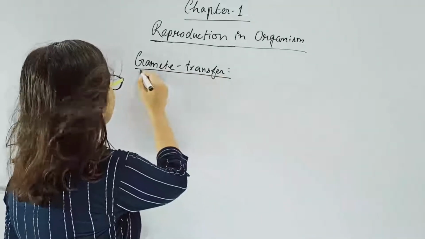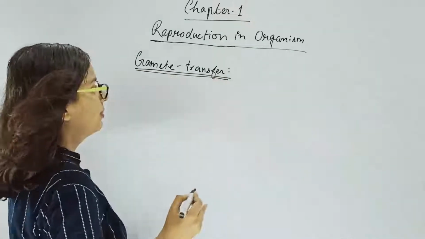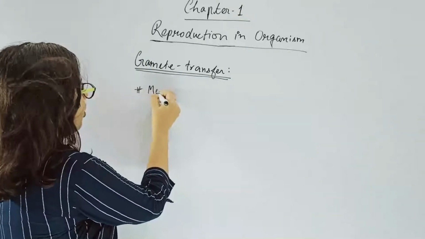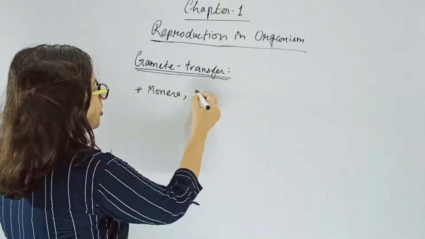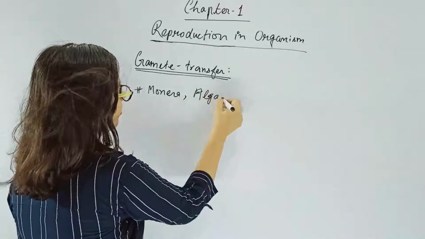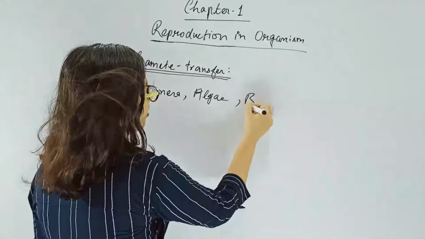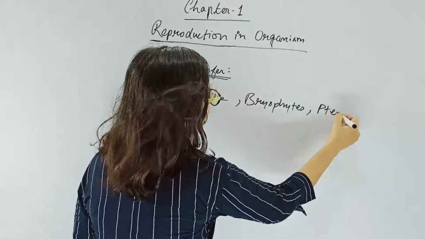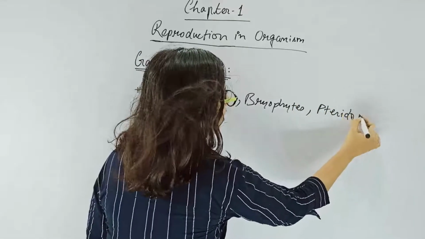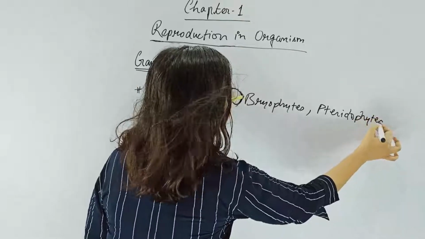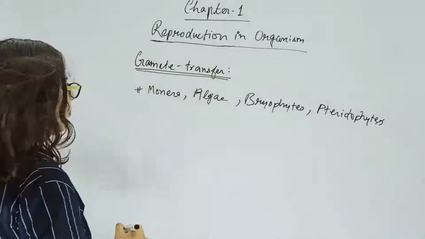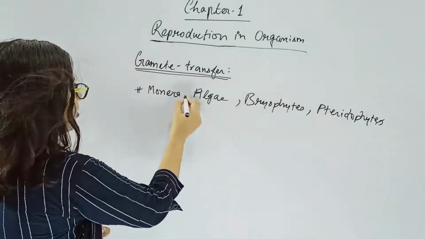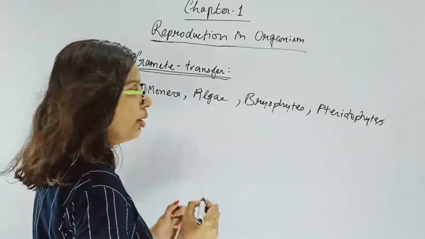So gamete transfer, in case of certain lower organisms such as Monera, algae, bryophytes and pteridophytes, what happens is that the gamete transfer is facilitated by some medium between the two organisms.